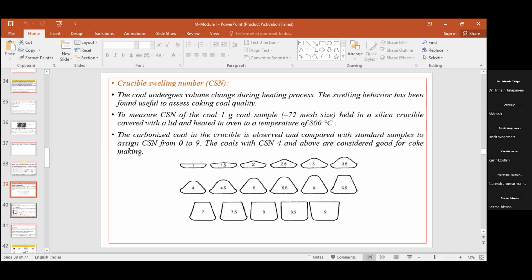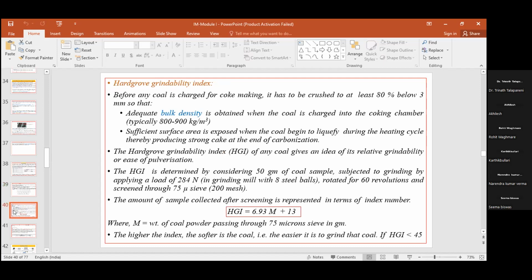So to make size of minus 3 mm, the coal should have grinding ability. So to check this grinding ability of the coal, we subject the coal for a grinding process that is called the hard groove grindability index.